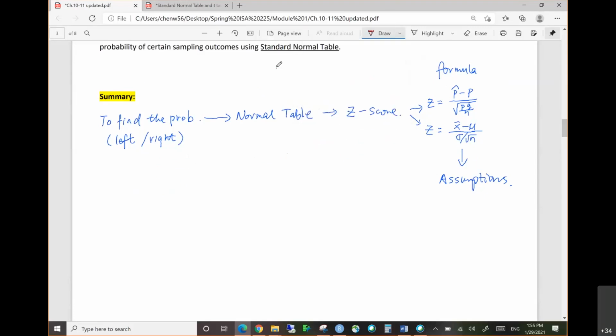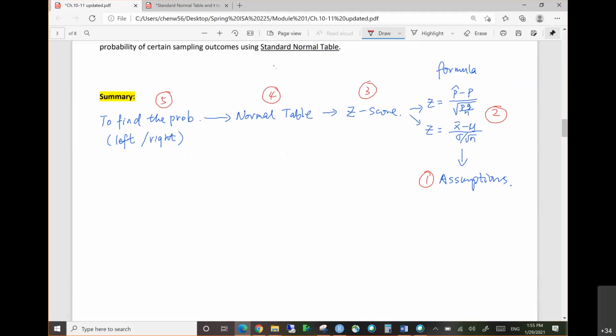Now, reversely, if we want to find the probability to the left or to the right based on the sampling distribution, the first step you need to do is check assumptions. If both assumptions are satisfied, then you can calculate the z-score by this formula, and then use this z-score, go to the normal table, and find the probability to the left or to the right.